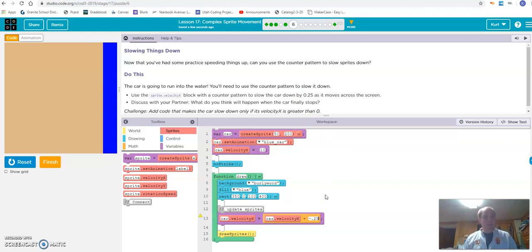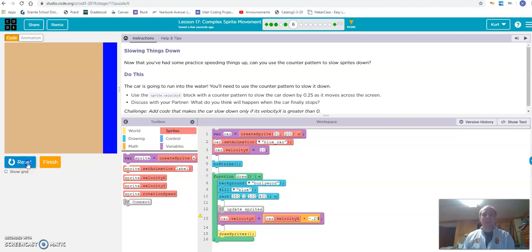If you were really insightful, you could have put a negative in here instead of the plus, but I use the plus each time to help you understand that the counter pattern means you add something to whatever it is you're trying to increase, or in this case, decrease.